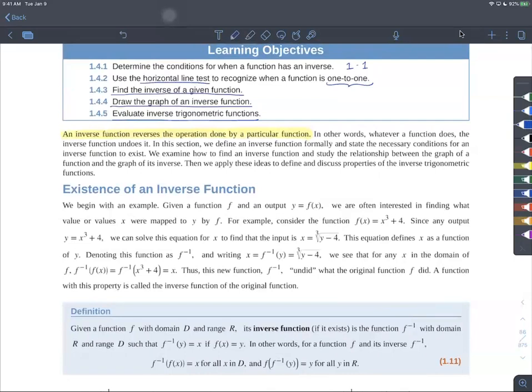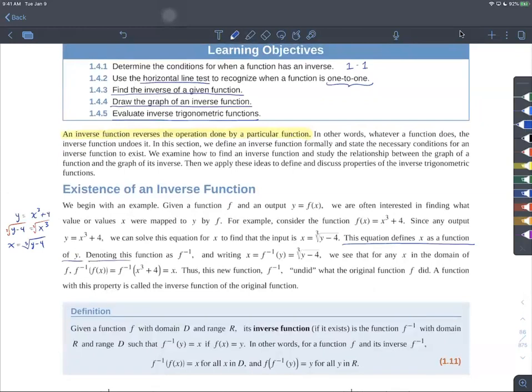So basically, we just took the function y equals x cubed plus 4, subtracted 4 on both sides, and then took the cube root of both sides. And so we have that the x value is equal to the cube root of y minus 4.